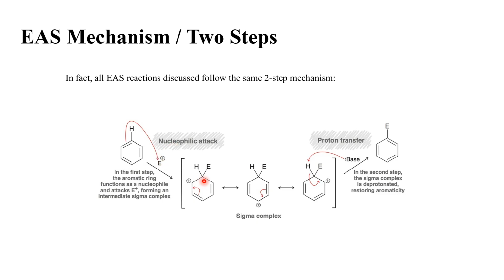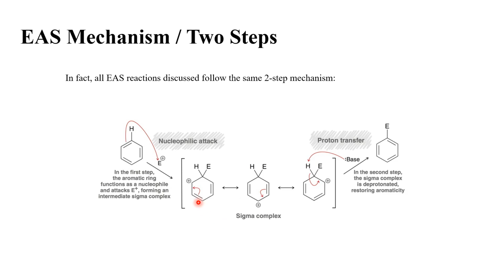That electrophile, once it's added on, is going to be resonance stabilized through the sigma complex. It's just a fancy way of saying you have a resonance stabilized carbocation on an arene. And then through resonance, you guys can see that this proton eventually can be deprotonated and you restore aromaticity, right? So the same two steps throughout this entire process.